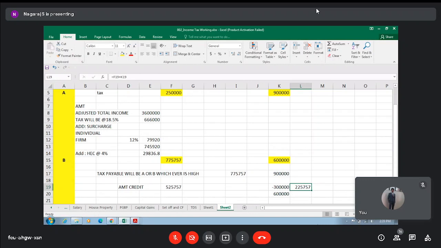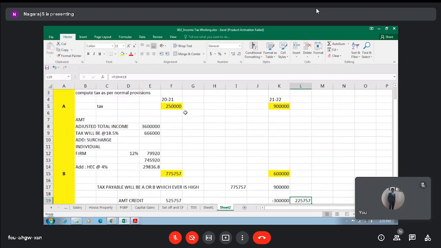Are you guys understanding? Yes, sir. They will ask the question, what is the tax payable? What you need to understand in that?